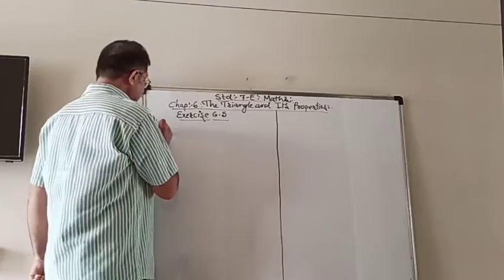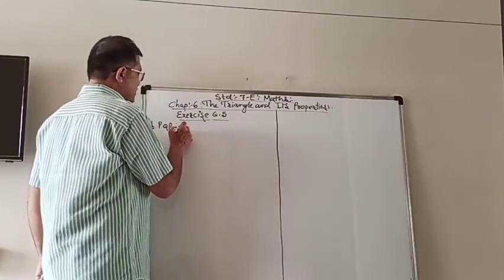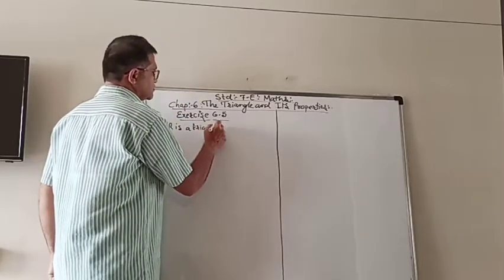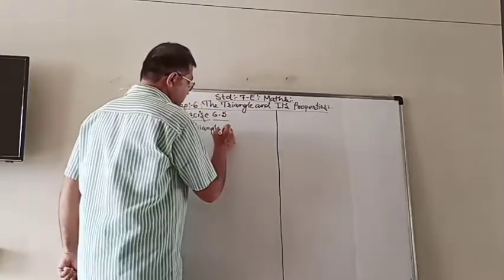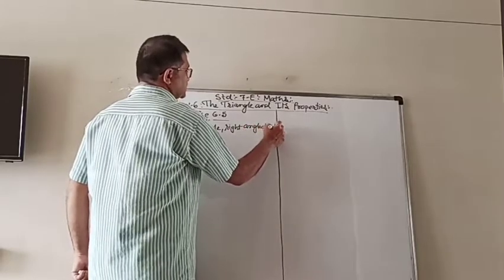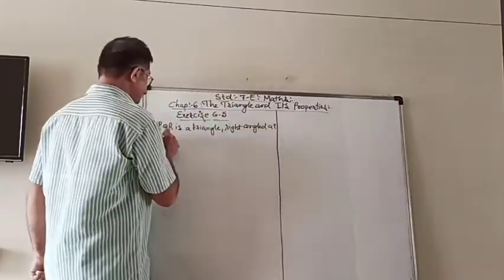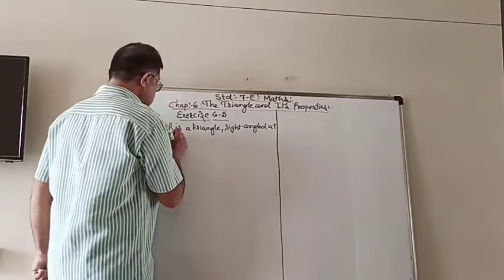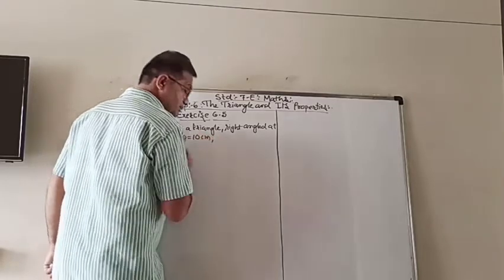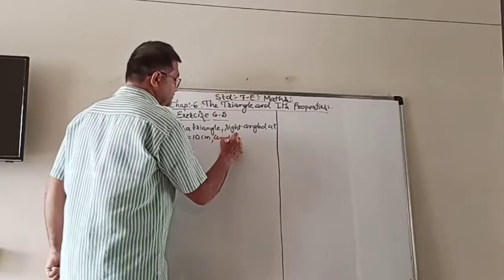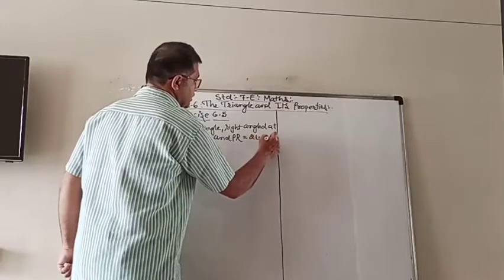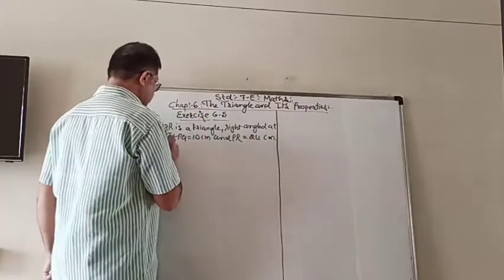It says that triangle PQR is a triangle right angled at P. If PQ is equal to 10 centimeter and PR is equal to 24 centimeter, find QR.